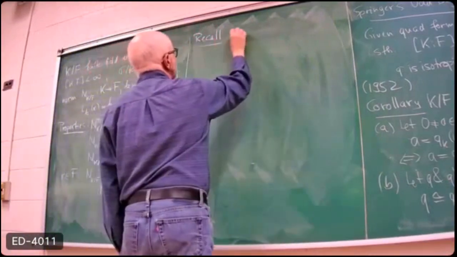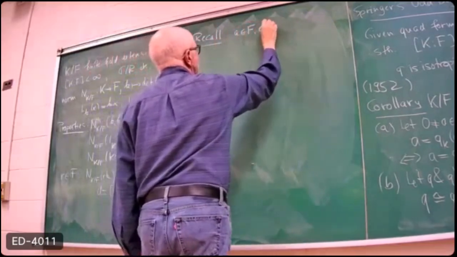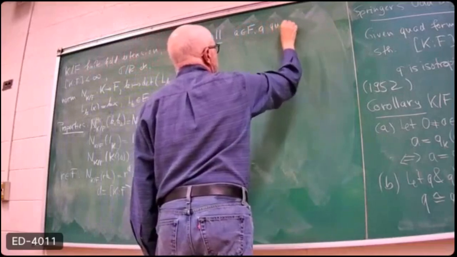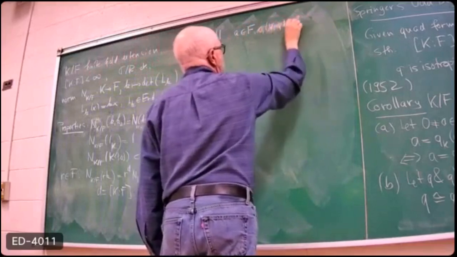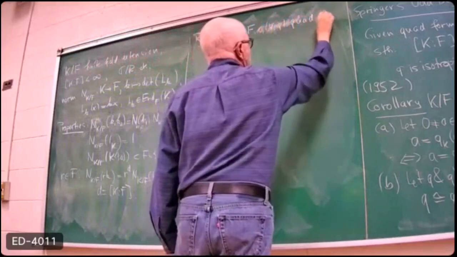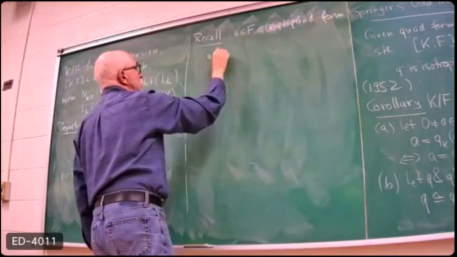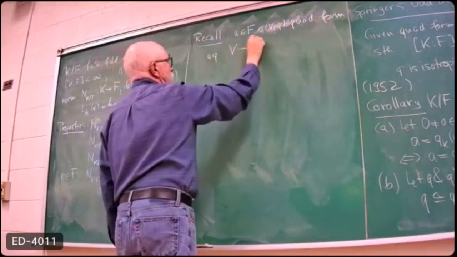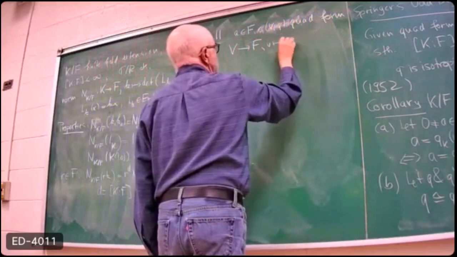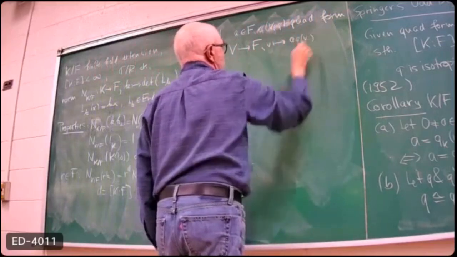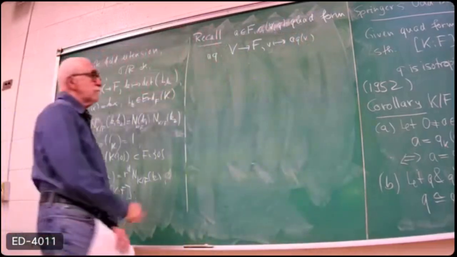So recall, if Q is a quadratic form, then A times Q is a quadratic form over F, which maps a vector V to A times Q of V. Okay.